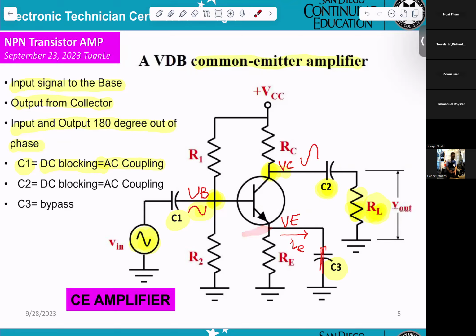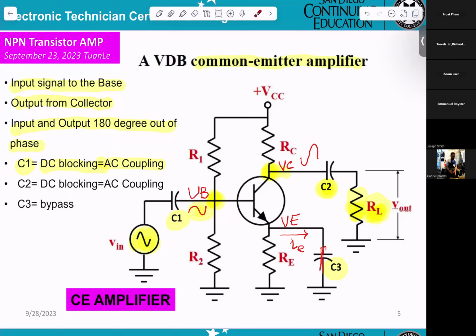No sine wave. The capacitor is shorted, so it is shorted throughout. Okay, so AC does not go through RE. The reason is the capacitor is already shorted to the root. That's why they call it a bypass. Okay, bypass what? Bypass RE. That means AC does not go through RE. It goes to capacitor C3, connected to the root.